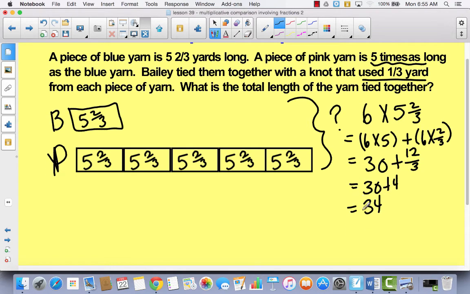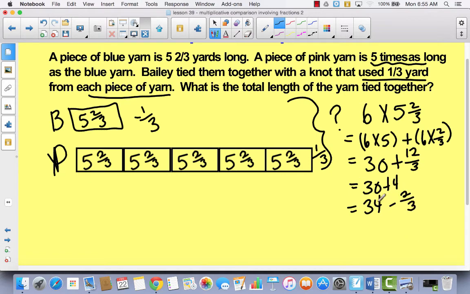This tells me what it is total, but I still need to take away how much of the yarn she used for the knots. She used 1/3 of yarn from each piece of yarn. So there's 2 pieces of yarn. So she took away 1/3 from the blue and 1/3 from the pink. So how much did she take away altogether? Well, she took away 2/3.